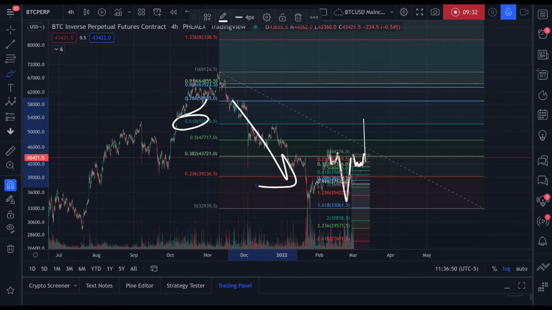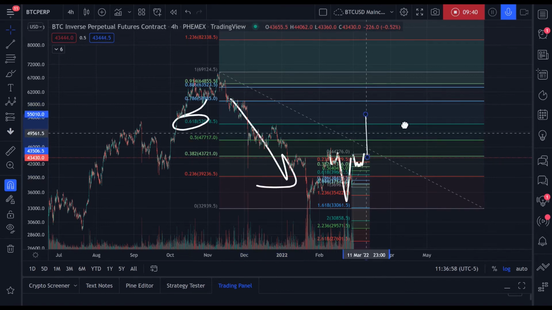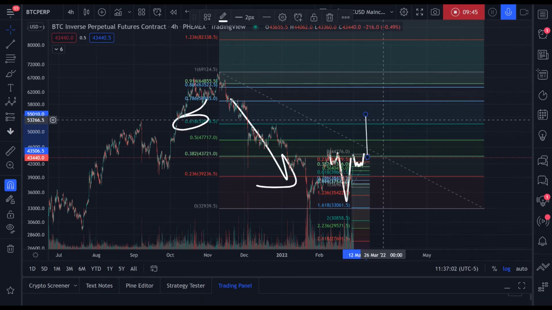Now, can we get some wicking? Absolutely. So even if I were to reposition this target right here, that would basically mean that we'd get a wick too close to the 50% level of this band.